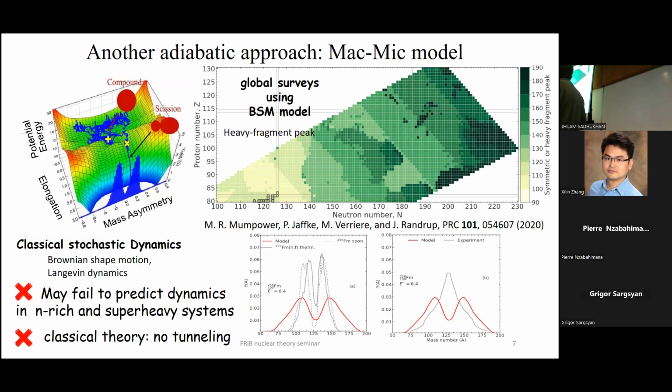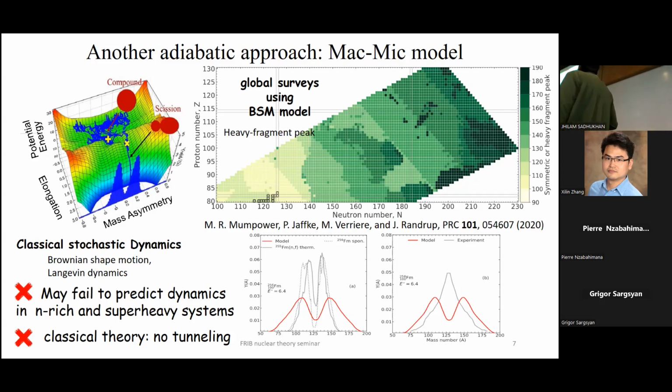And one can then solve the whole collective dynamics, using Langevin or Lyapunov-like dynamics equations, which include fluctuations, and it gives the final yield distribution, also the probability. So in that way, we can get yield distributions.